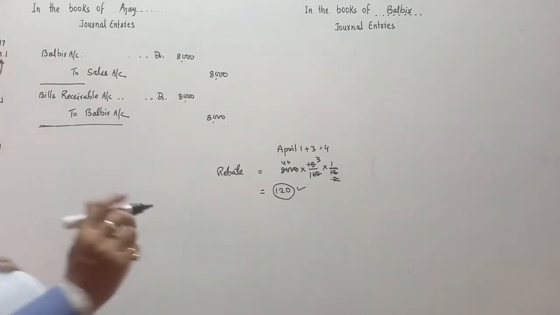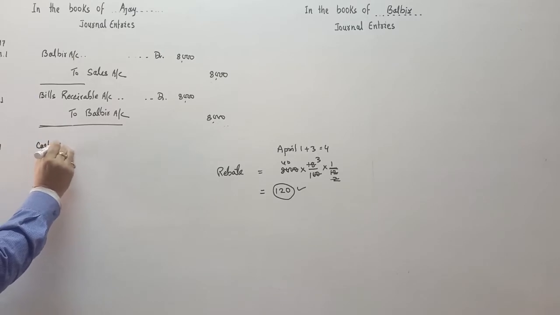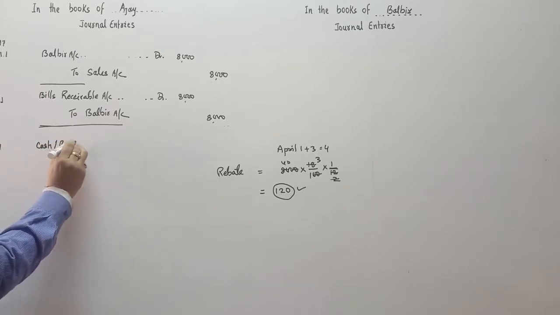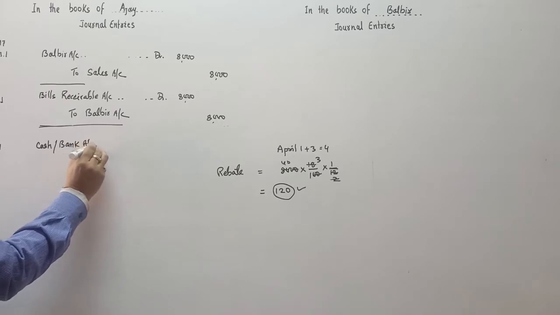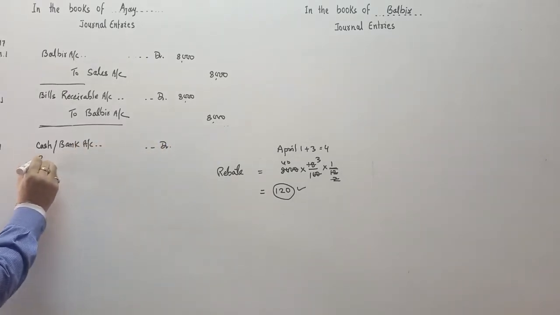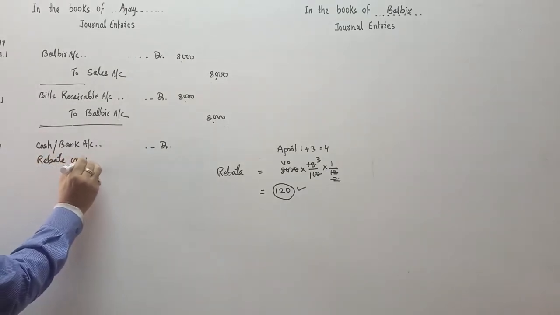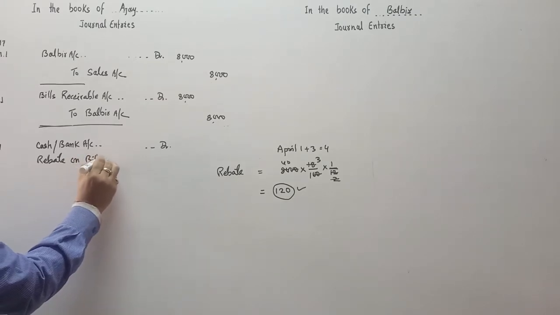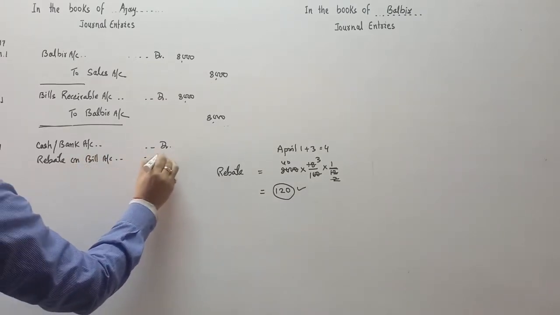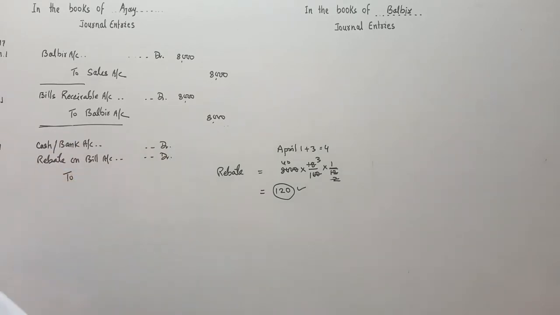So here I am going to do the entry on March 4: cash or bank account debit. If the amount is received in cash, then cash. If the amount is received by cheque, then bank account debit. Rebate on bill account debit. For Ajay, the seller, from the drawer's point of view, it's an expense.